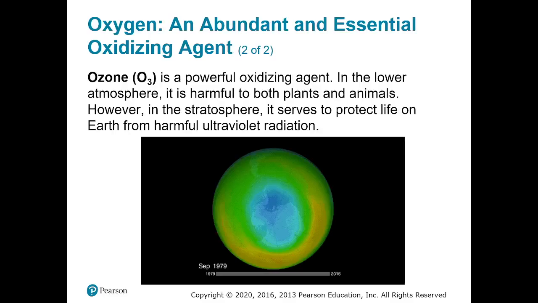The higher energy UV radiations are so high energy that if you were exposed to them, you would die in like 15 minutes. You'd be sunburned within a minute, almost immediately. So even plants can't survive, and bacteria can't survive high energy UV radiation.